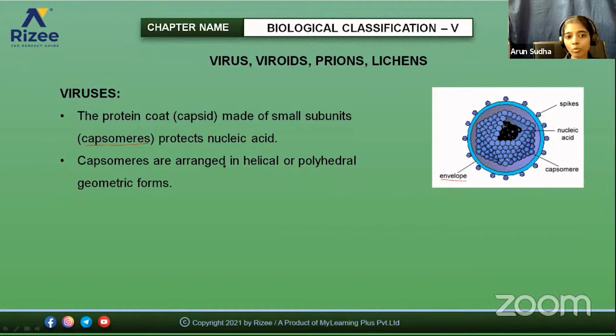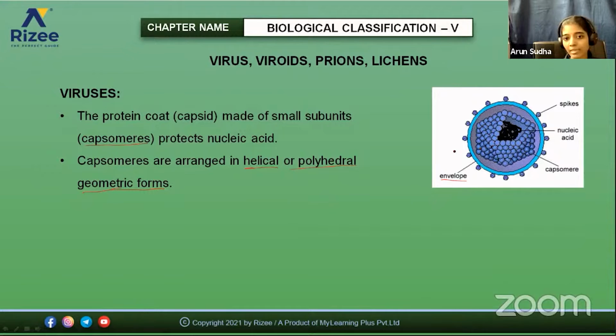The protein coat is made of small subunits called capsomeres, and the capsomeres are arranged in helical or polyhedral geometric forms. The arrangement of the protein may be in different forms.